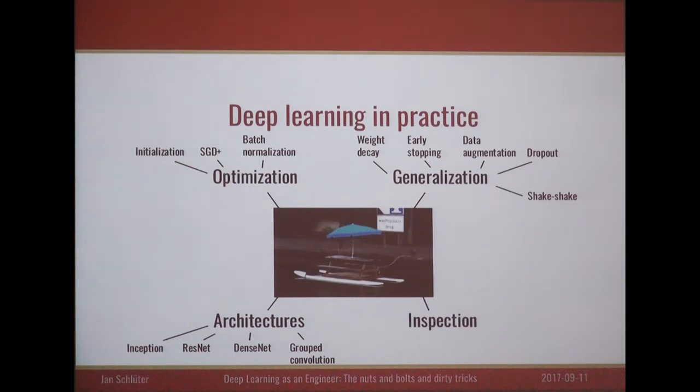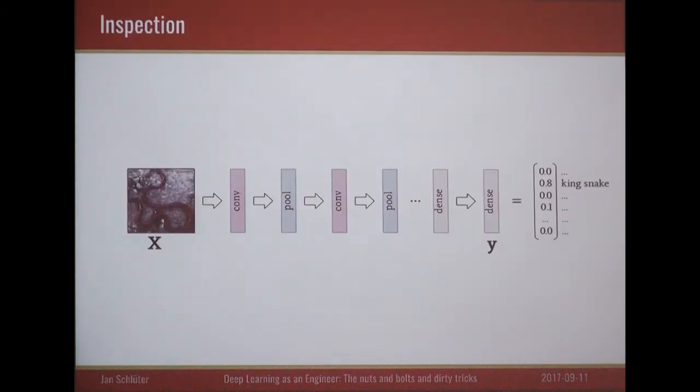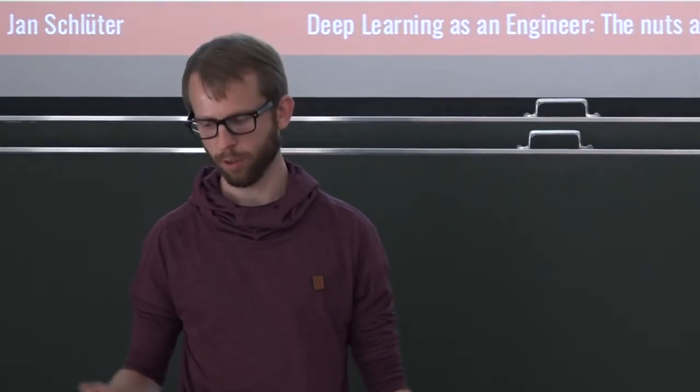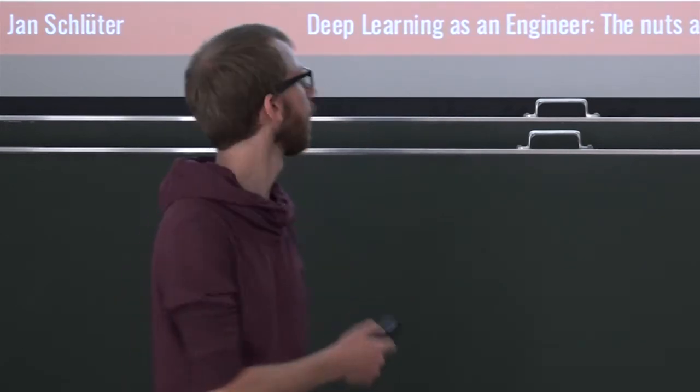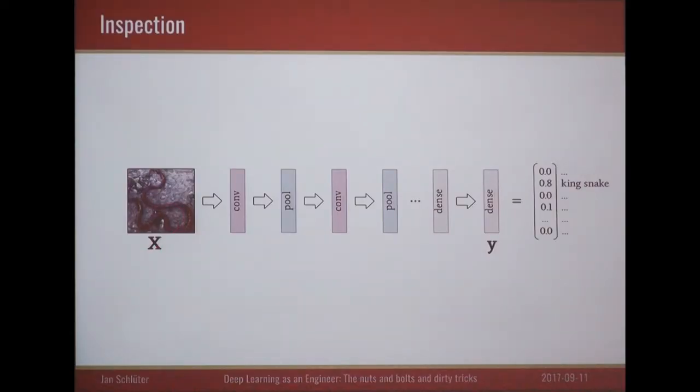Okay, so these were the architectures, and the final step, I guess it will not take long, is about inspection. So we now have a nice network, or assume we have a network that is very good at, for example, object detection, and it can take this input and tell that there's a king snake in the input.